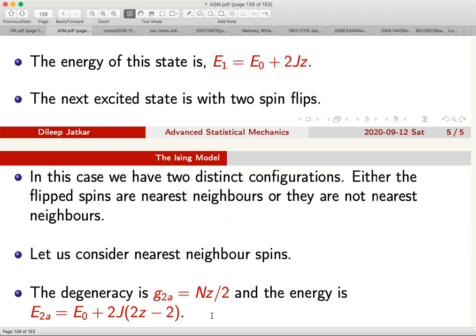First, you are looking for a pair, so there are N by 2 pairs. But these N by 2 pairs on the d-dimensional hypercubic lattice have a coordination number Z, so they could be arranged in Z possible ways. Therefore N by 2 with coordination number Z will give you N times Z by 2. Is that fine?